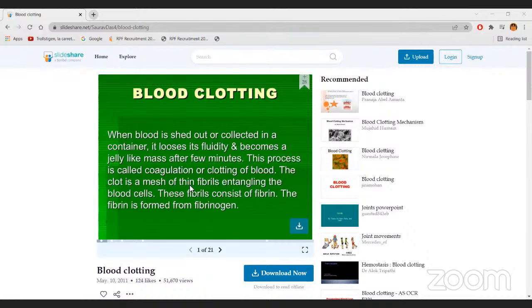This process is called coagulation or clotting of blood. The clot is a mass of thin fibers entangling the blood cells. These fibers consist of fibrin. The fibrin is formed from fibrinogen.